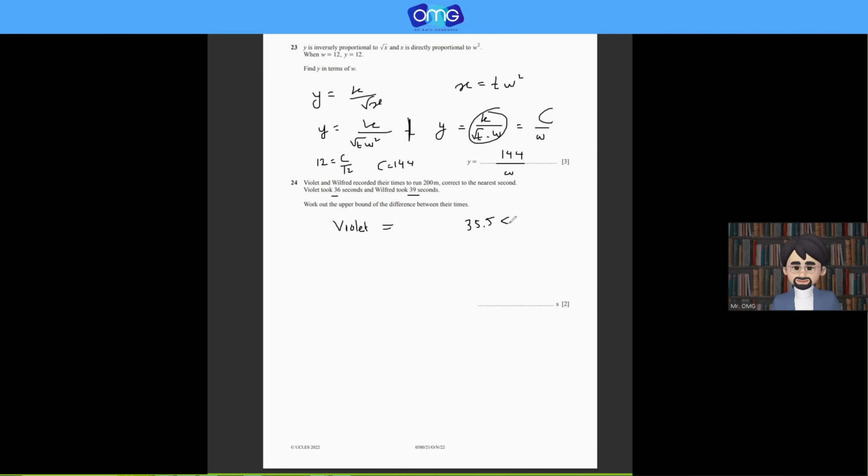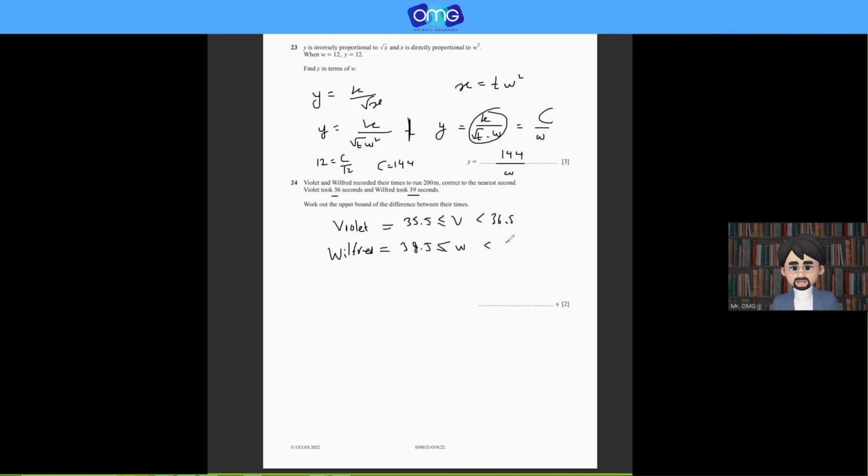So Violet's time is from 35.5 until 36.5. That's the upper bound, and this is the lower bound. Wilfred's is 38.5 until 39.5.